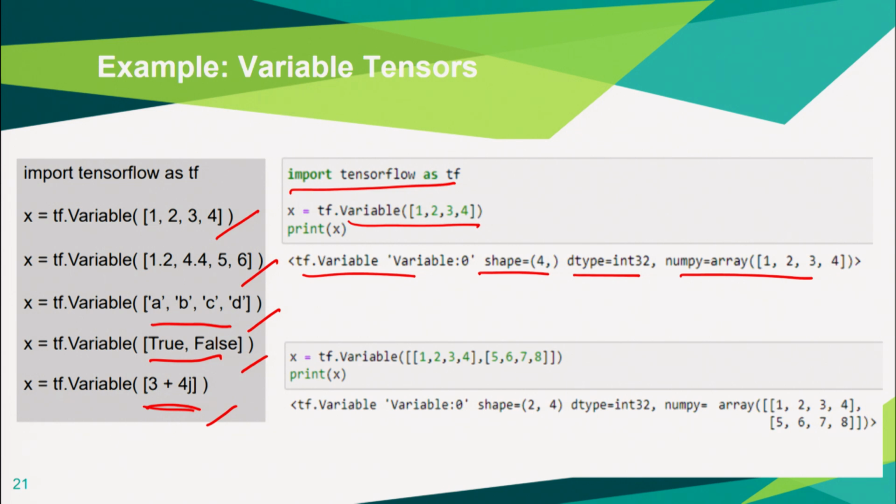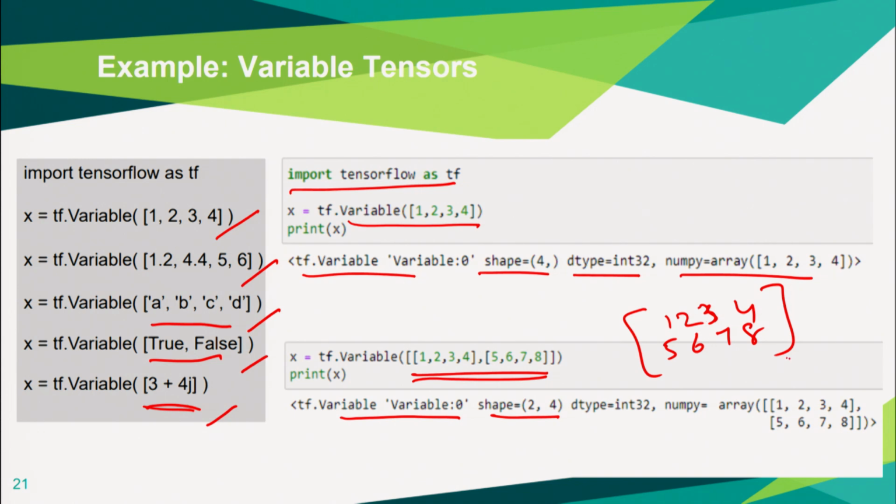Now, till now we have discussed shapes with a rank of 1. How do we consider a rank of 2, how do we define the tensor with these initial values? Here, if you take a tf.Variable, we are mentioning that the shape is 2-dimensional. If you consider this, it can be represented as a matrix.